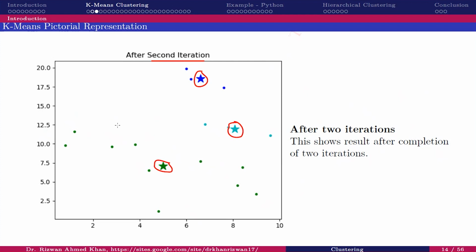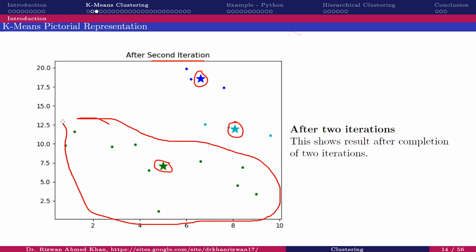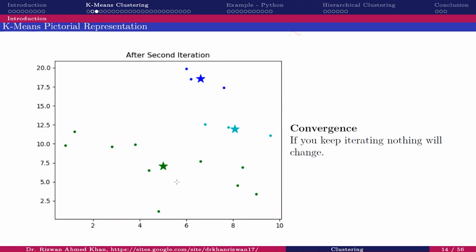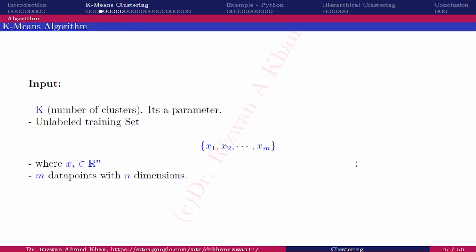K-means has found these three clusters for the given data set, which seems quite trivial, but it seems okay that it has found the right clusters, right? So convergence means if you keep iterating, nothing will change. It means convergence has arrived. Right? So now let's write it in algorithm form.